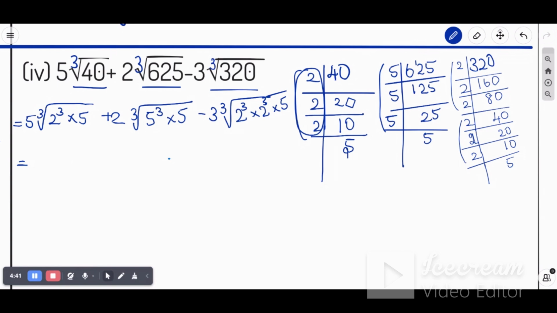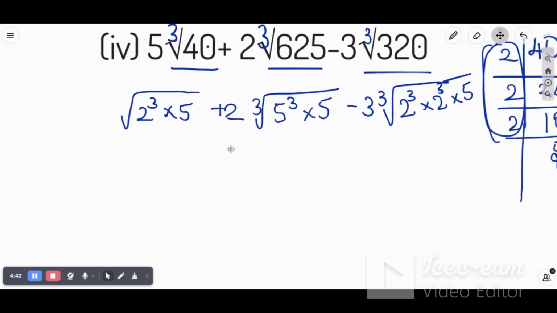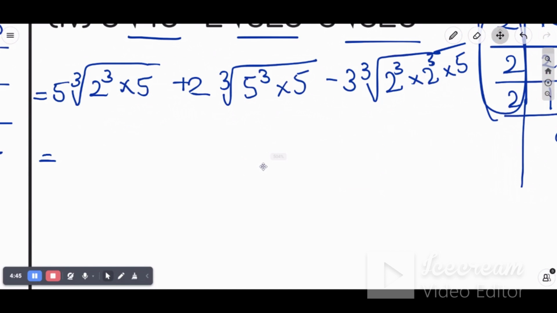So now I am going to simplify this. Okay, let me have a closer look at that. If you could see now, what happens here is it has its 5 outside, okay? And then again, can we take this 2 outside also with this cube root? Yes. So 5 into 2. Did you understand this? I am taking this 2 outside since it is a cube root. So again, write this cube root carefully.